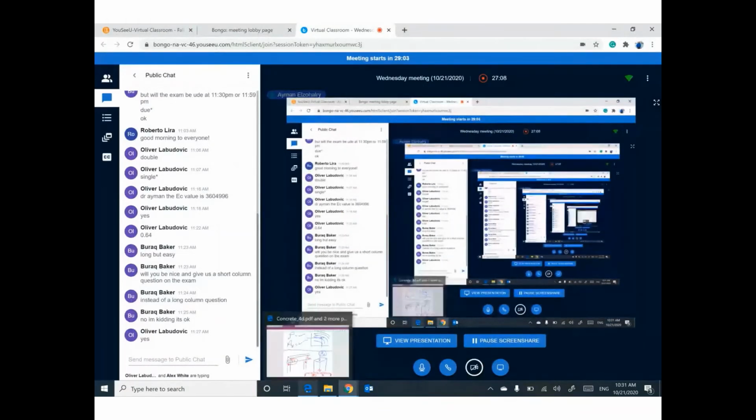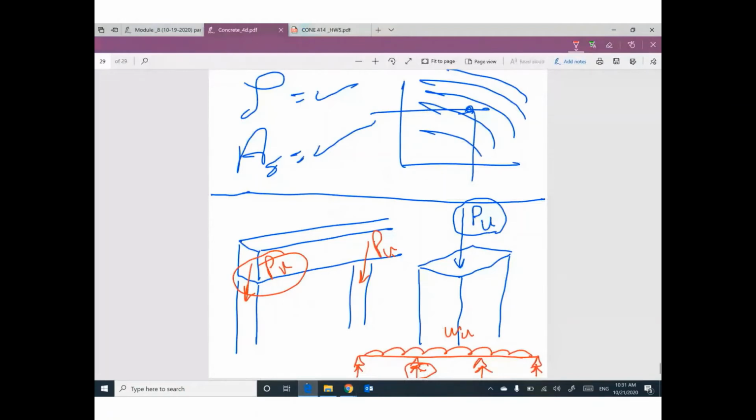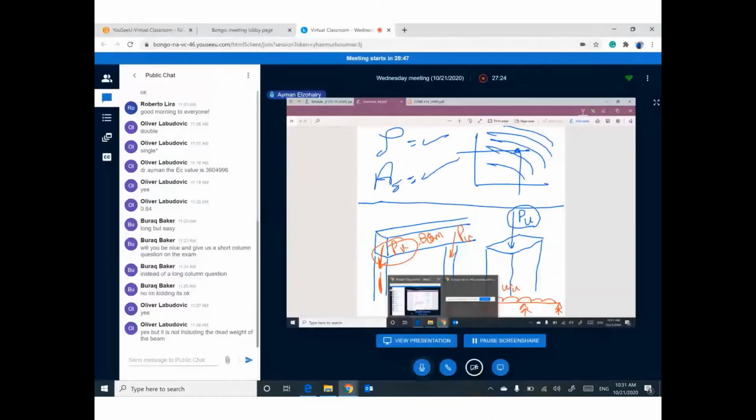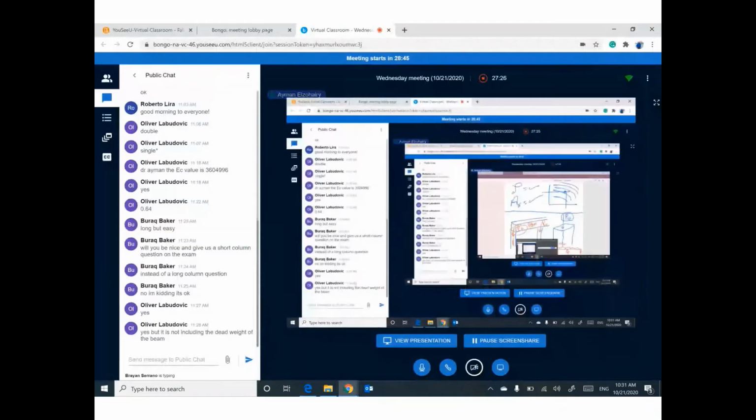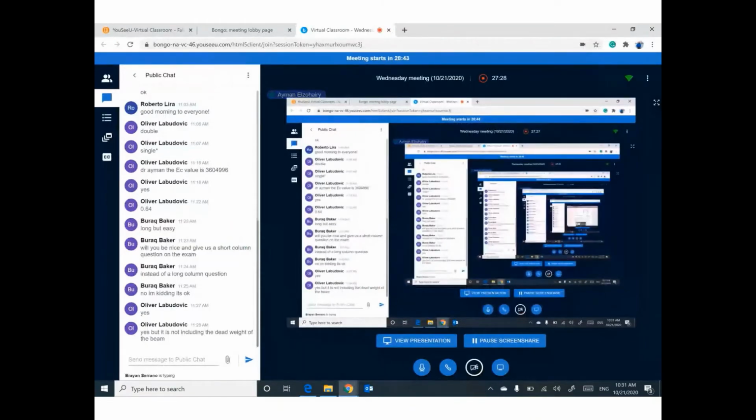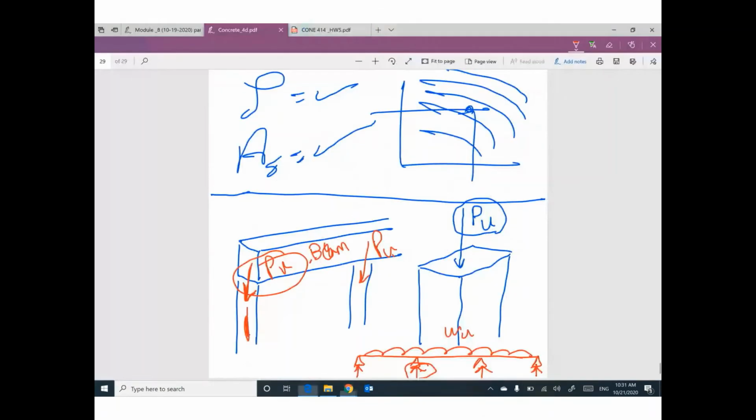That makes sense because we have a beam and we have a column. So the reaction from this beam to this column will be P ultimate. I believe that. Do you believe the same? You will include the own weight of the beam. Don't worry. The own weight of the beam, including everything for slab, for beam, for own weight, for everything.